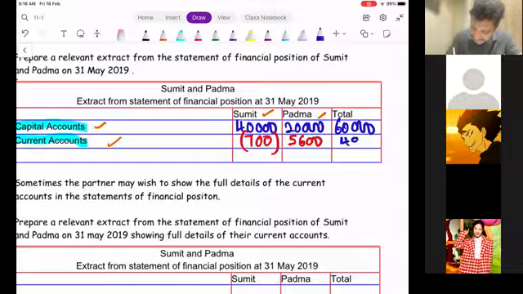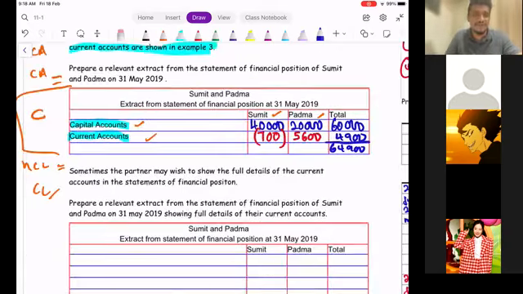You get 4,900. Then 60,000 plus 4,900, 64,900. This is how we do the statement of financial position of the capital part for a partnership. Understand or not? It's easy, right?